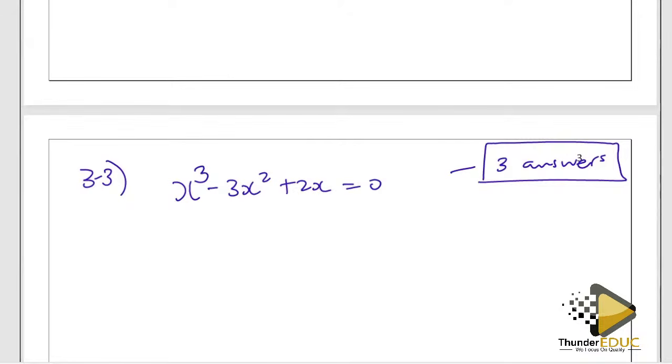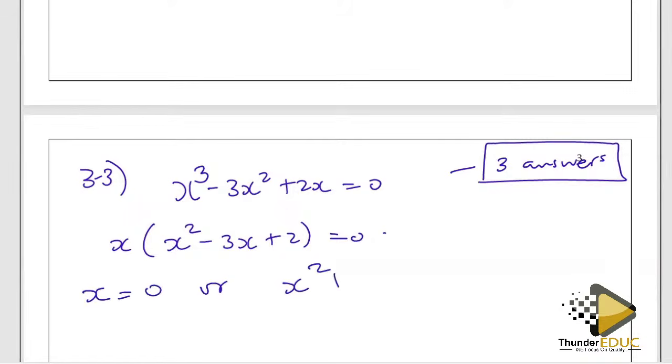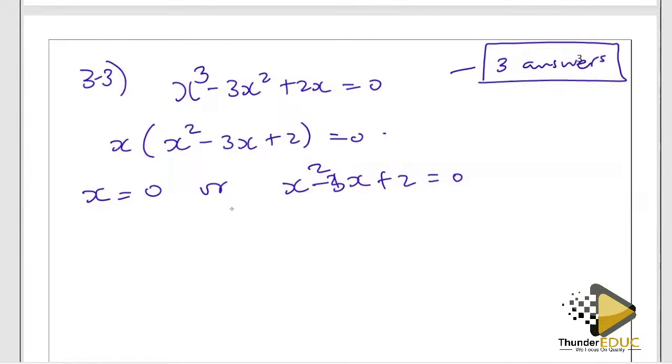So factorize out, okay? So we have x times x squared minus 3x plus 2 is equal to 0. So from our zero product property, we know that x must be a 0, or this entire bracket, x squared minus 3x plus 2, is a 0. Okay, so we already have one answer, x is a 0. Then we just need to factorize this out. Okay, so that's going to be x and x.